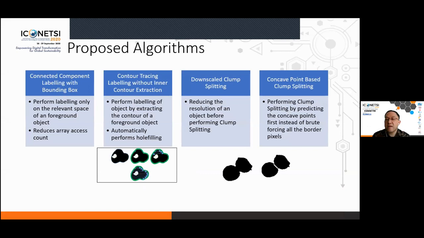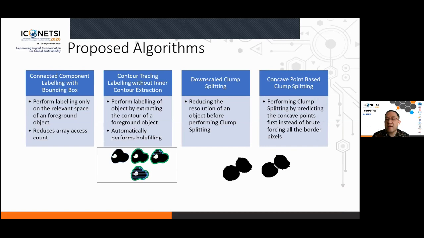The second is contour tracing labeling without inner contour extraction. Rather than performing connected component labeling with dilation and opening, we perform contour detection and then fill the contours generated from the foreground object. With this algorithm, we hit two birds with one stone, as we also perform hole filling.